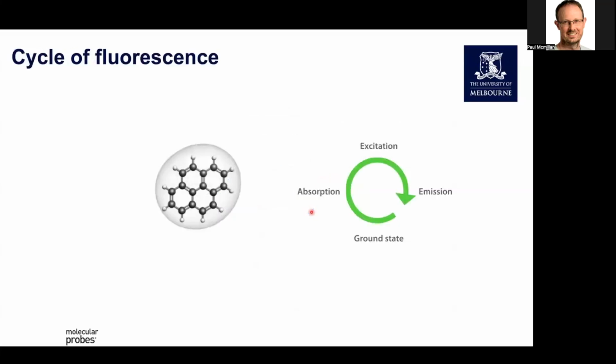One of the nice things about fluorescence is that these molecules can undergo this process multiple times. So you don't just have one molecule, one photon being released. They can undergo multiple rounds of fluorescence, which is great for us. We get lots of signal from a few molecules.